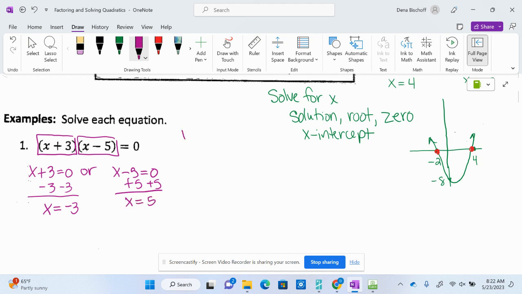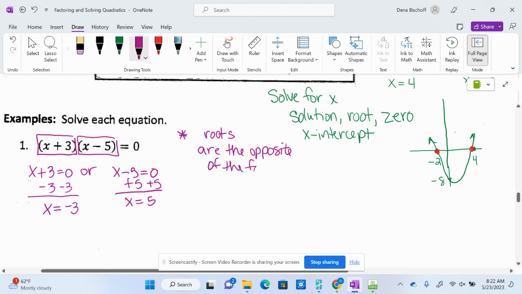So we came up to this whole idea, like a little asterisk: the roots are the opposite of the factor, meaning that the roots have the opposite sign of the factor.